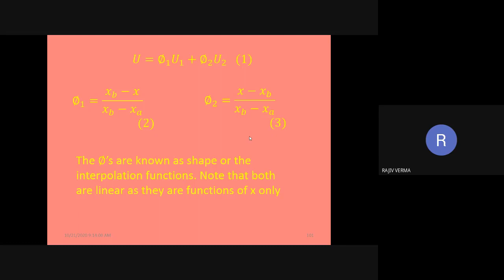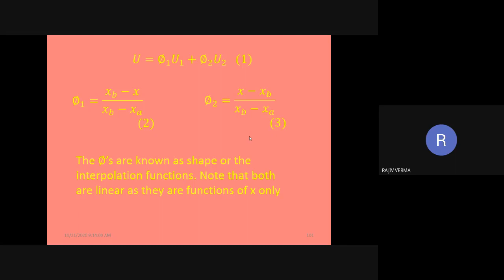In steam tables, you have properties of steam which have been tabulated at, let's say, different values of pressure. So if you want to find the value of enthalpy at a pressure which is lying between the two tabulated values, obviously you interpolate it. So this is from where the term interpolation has been taken.